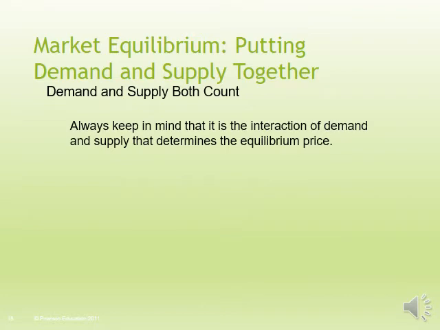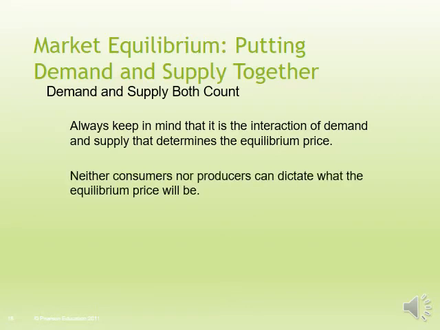So one of the great things about a competitive market is that suppliers and buyers both influence the price. One side cannot dictate the price to the other. That's the joy of a competitive market.